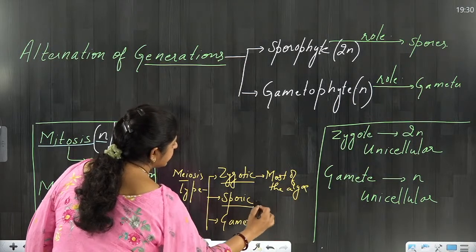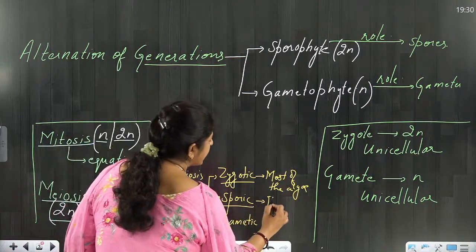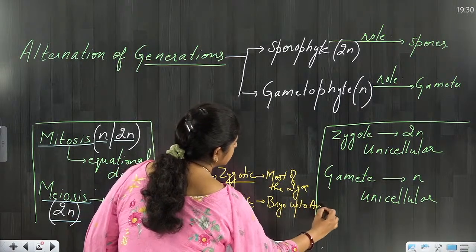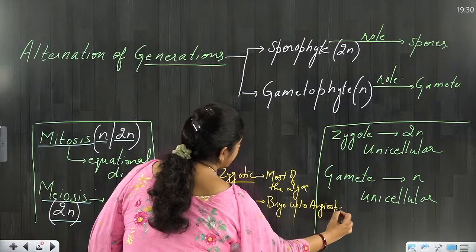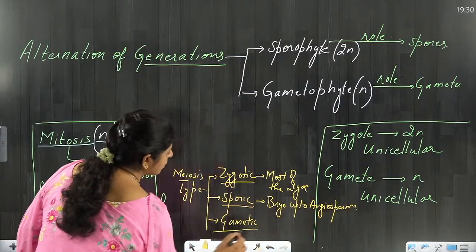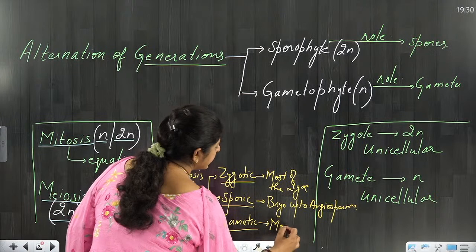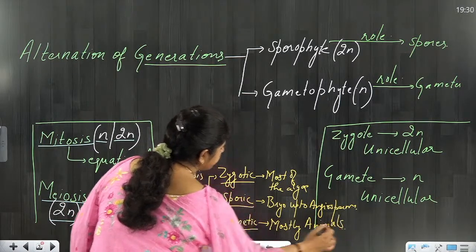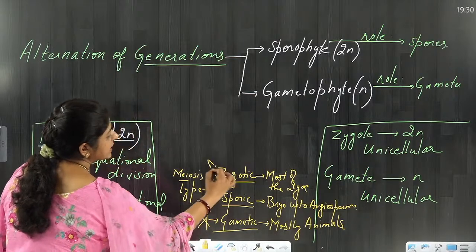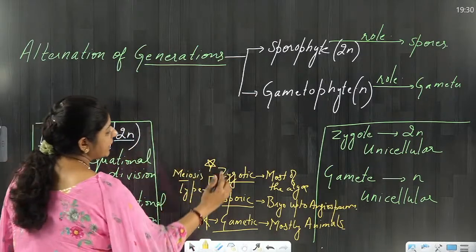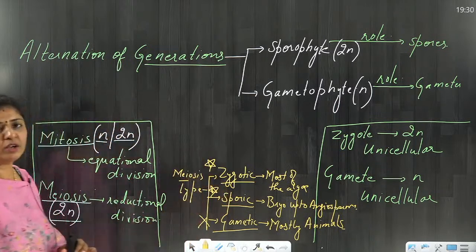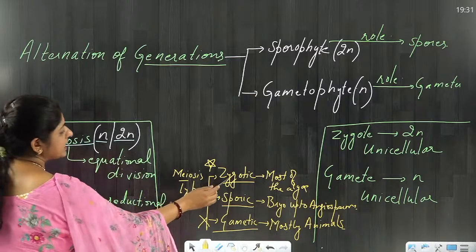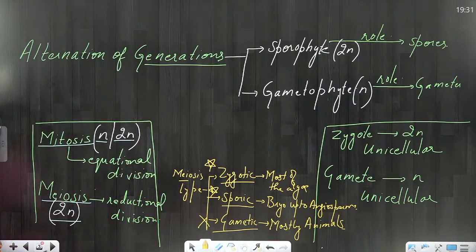Sporic meiosis takes place in the rest of the plants from Bryophytes up to the Angiosperms. Gametic meiosis happens mostly in animals, so we will not talk about gametic meiosis here. We will discuss zygotic and sporic meiosis in plant life cycles.